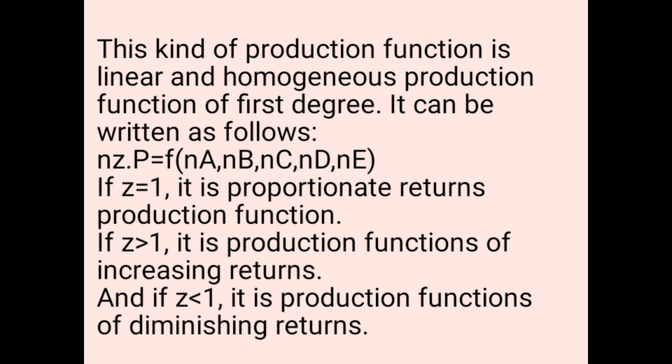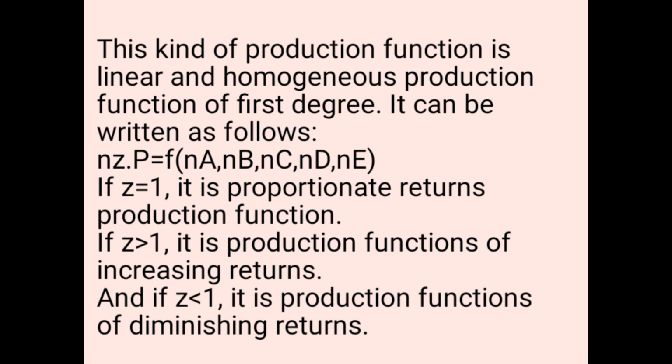If z is greater than 1, it is production function of increasing returns. And if z is less than 1, it is production function of diminishing returns. When it is less than 1, means input is more and output is less.